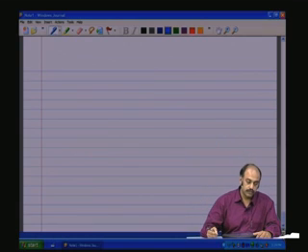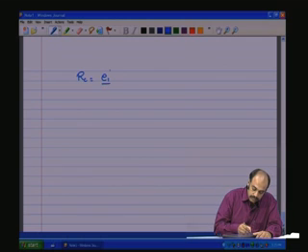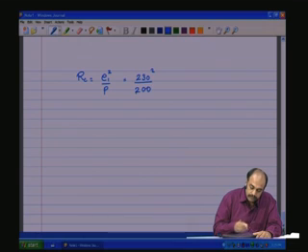Once you have the Q and the P, RC is given by E1 square by P, which is 230 square divided by 200 ohms.